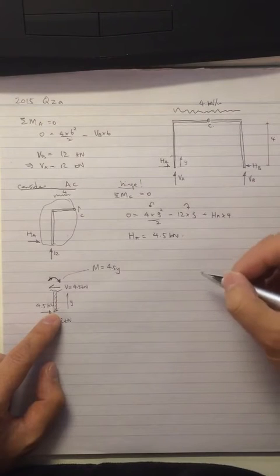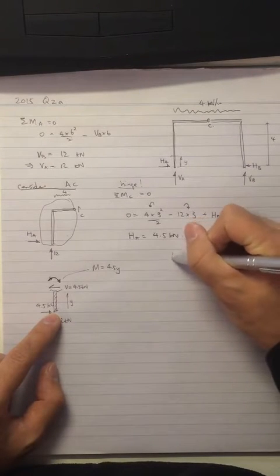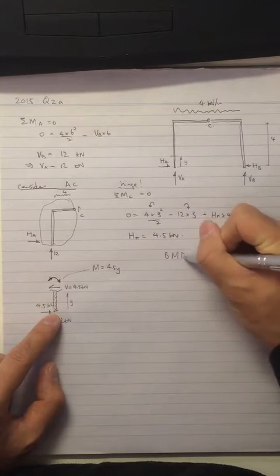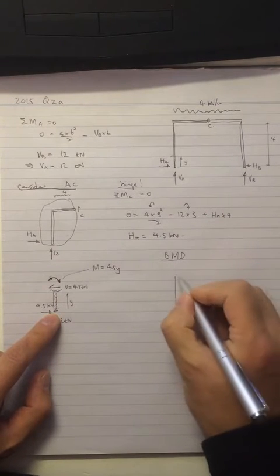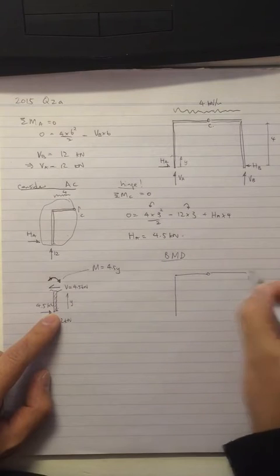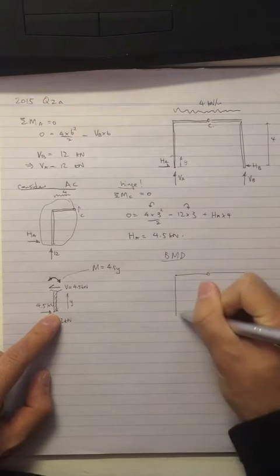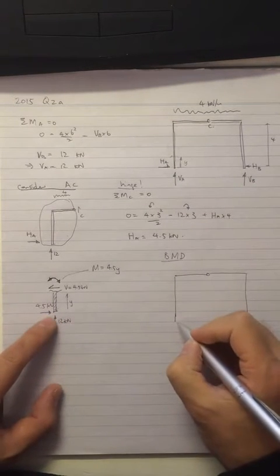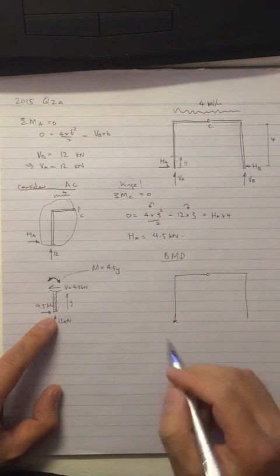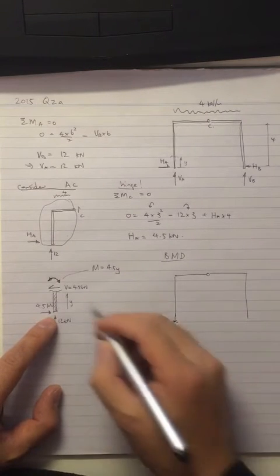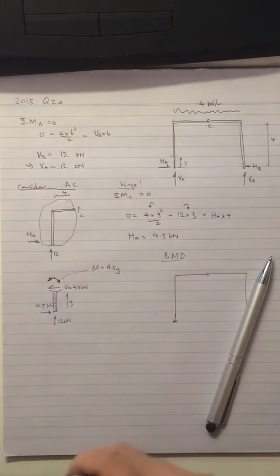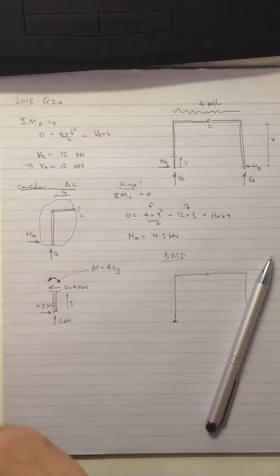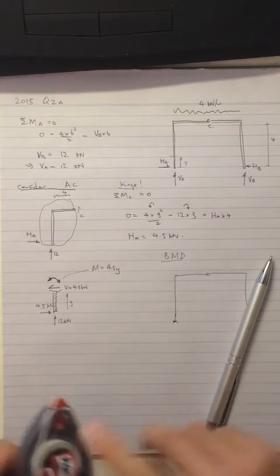So let me just start sketching the structure here to allow me to start sketching the bending moment. What we have here is bending moment starting at 0, and then it grows linearly to 4.5 times 4, which is 18 kilonewton meters.